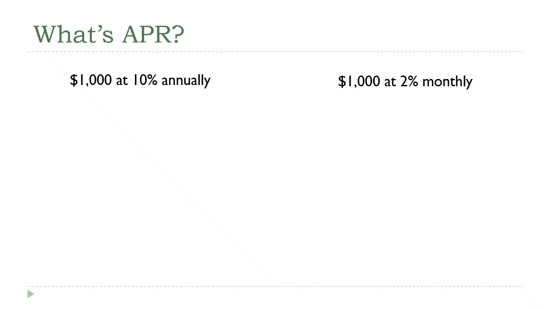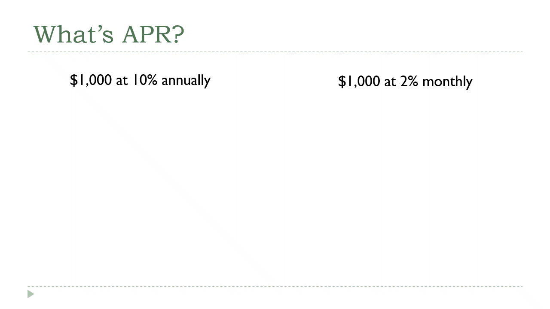Well, suppose you're looking to borrow $1,000 and you get two different offers, one for 10% annually and another for 2% monthly. Which one's the best deal? Now, it definitely wouldn't be unreasonable to think that 2% is less than 10%, so that would be the way to go. Yeah, but that's actually the wrong choice.